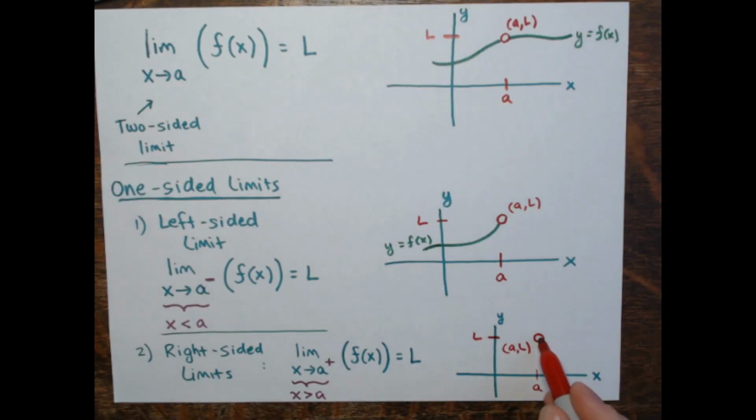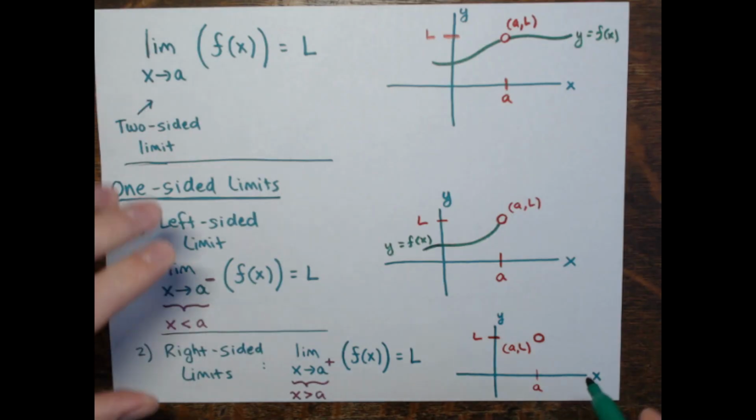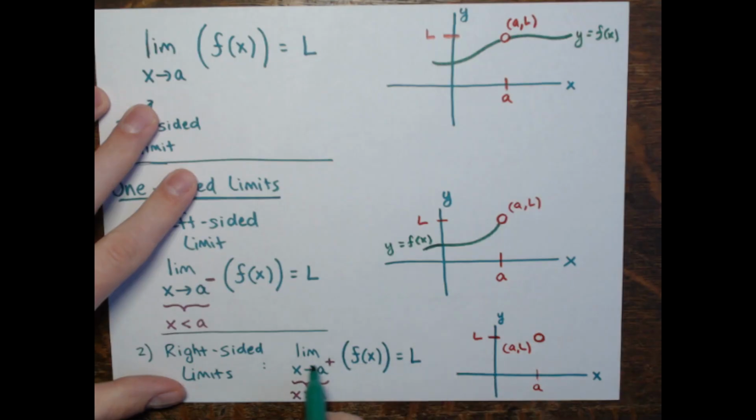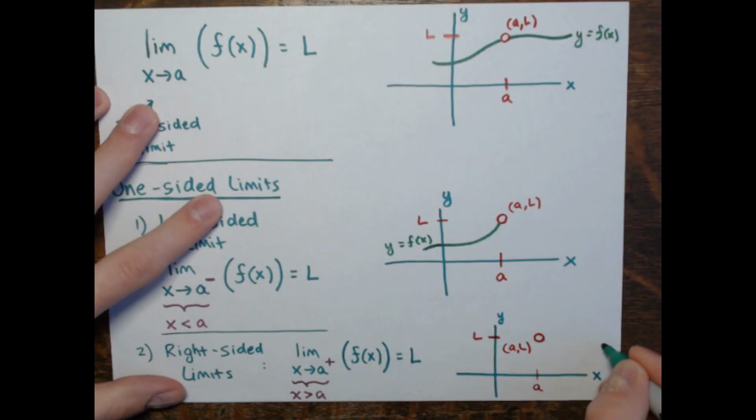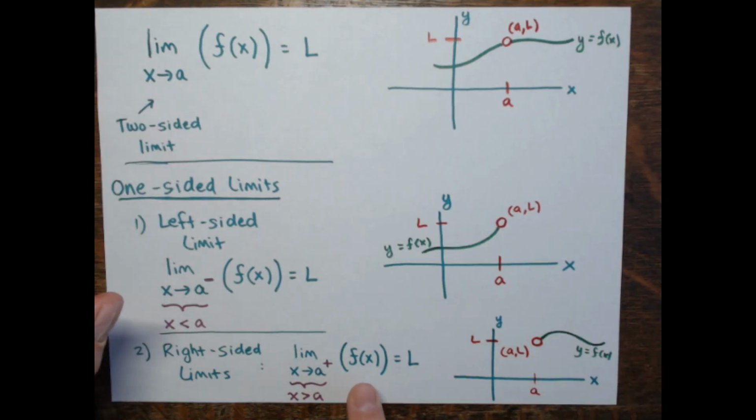It could be there, it could be solid, but it doesn't have to be there for a limit to exist. All this is saying graphically is that the graph of our function, y equals f of x, is approaching that location, this a, L point, but only from the right side.